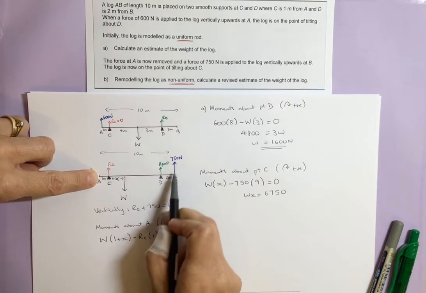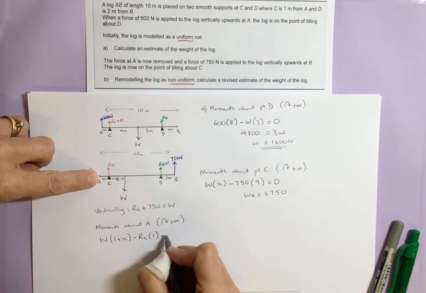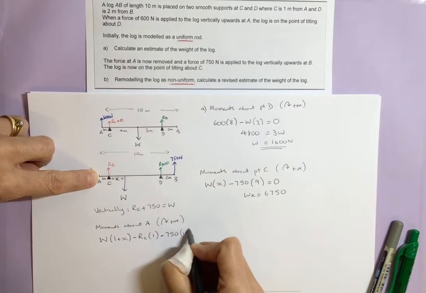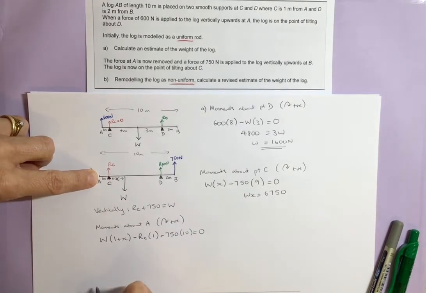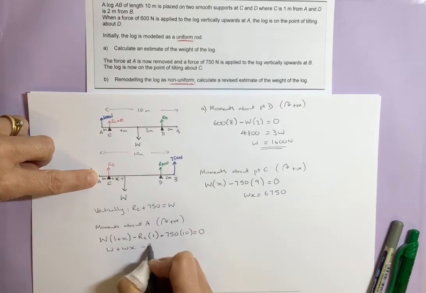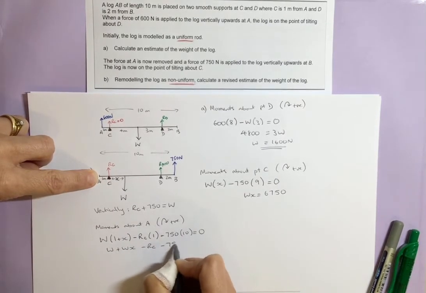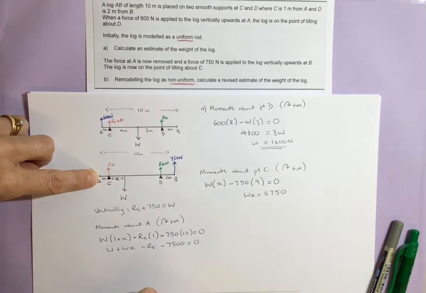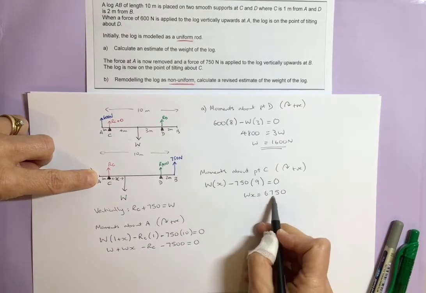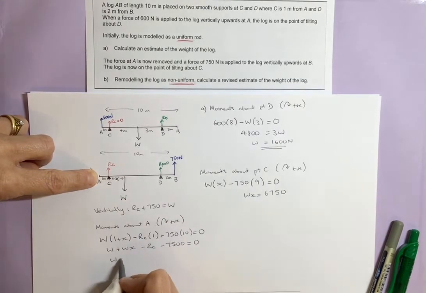We've got this 750 again, tending anti-clockwise, so minus 750, and that's the full 10 metres away from point A. So if I sort this out, I've got W plus WX minus the reaction at C minus 7,500 is 0. That's fair enough. Then this WX, I've got that from over here, so let's sub that in, because WX I know is 6,750. Great, so we're getting rid of the variable X in this one.